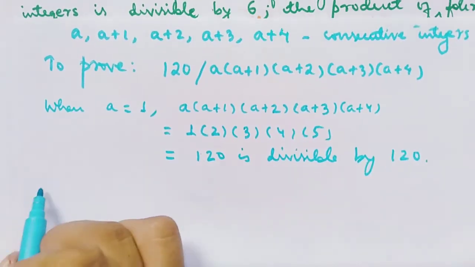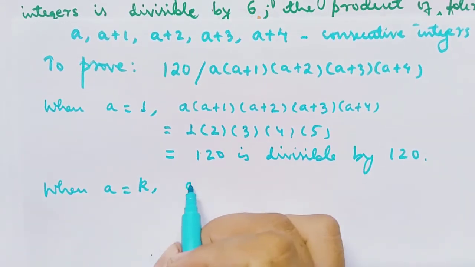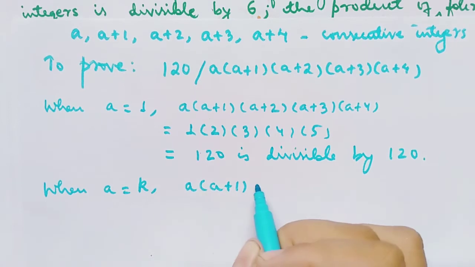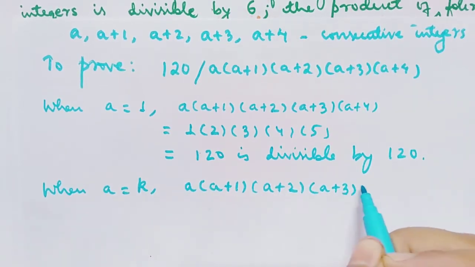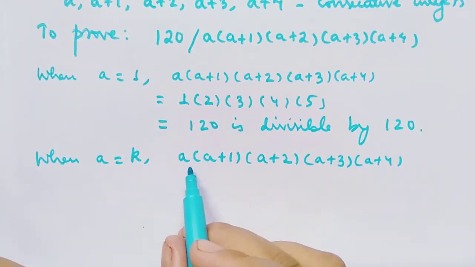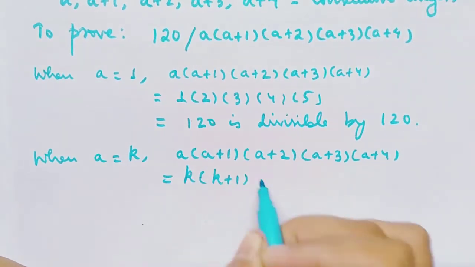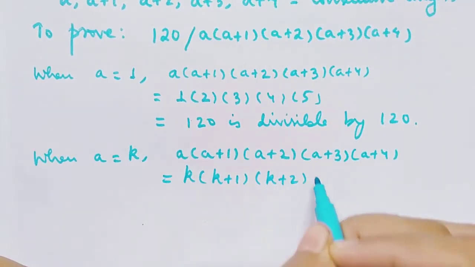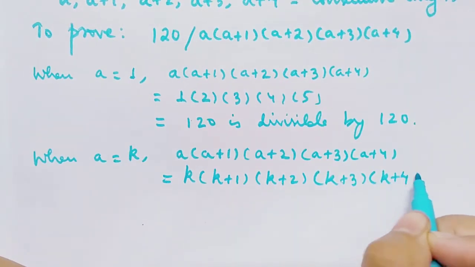Now we come to when a is equal to k. Then in place of a we put k, and this becomes k plus 1, k plus 2, k plus 3, k plus 4.